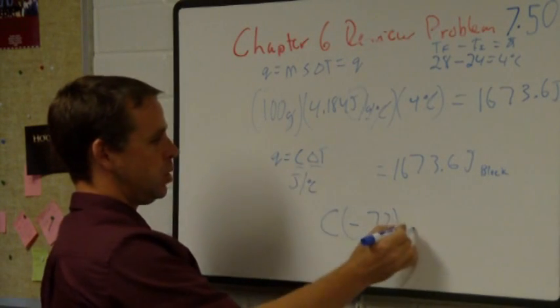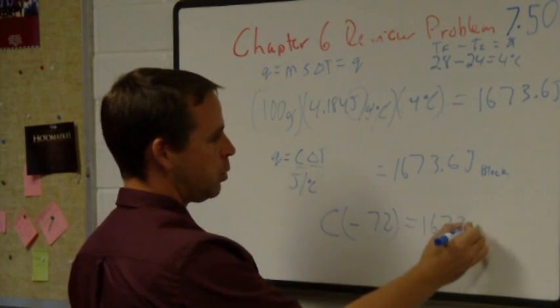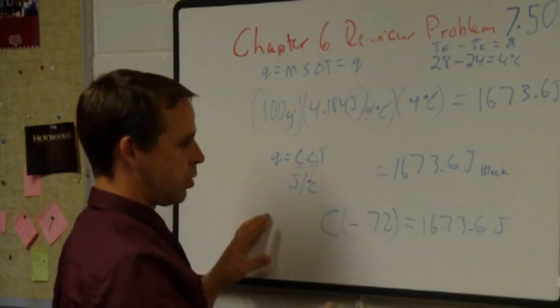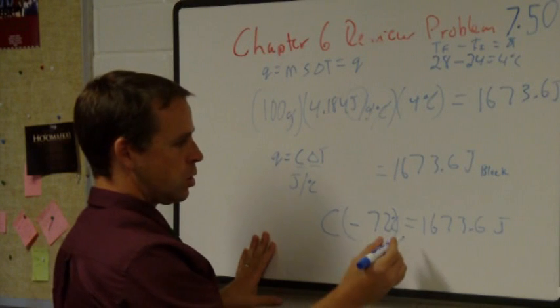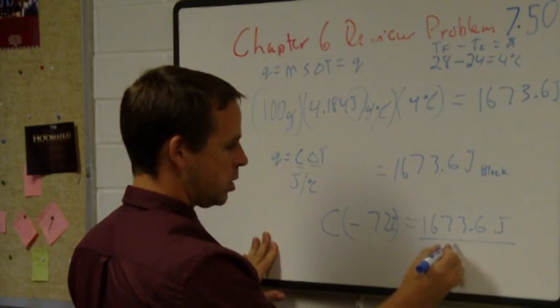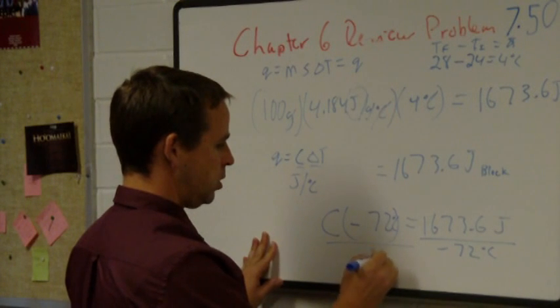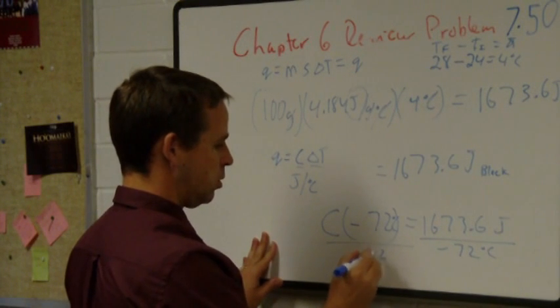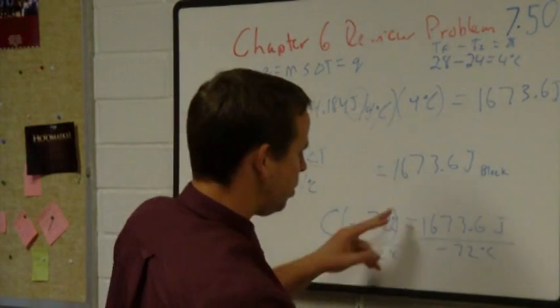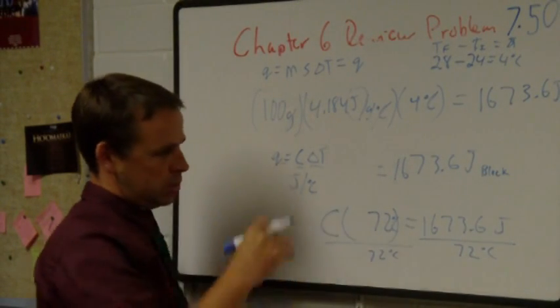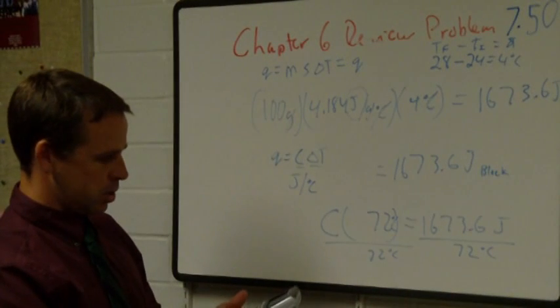So C times a negative 72, that's the change in temperature, right? C times change in temperature equals 1673.6, which is the heat, and that's in joules. So joules per degree Celsius, minus 72 degrees Celsius. And that'll be the heat capacity. But again, the heat capacity can't be negative, so heat capacity is always going to be a positive value.